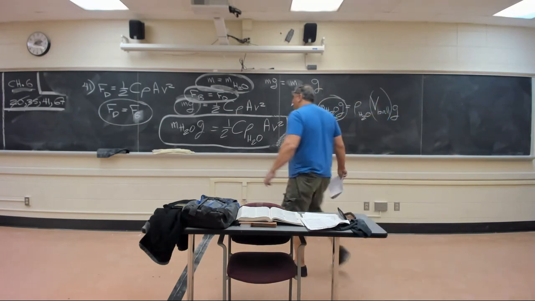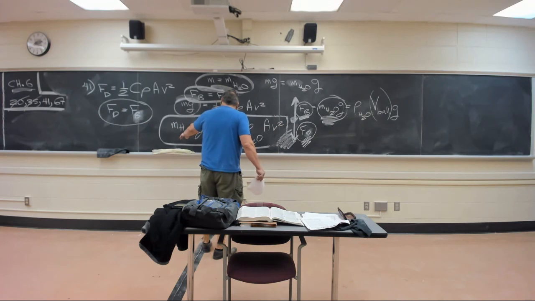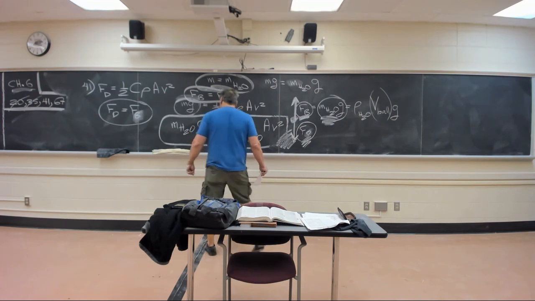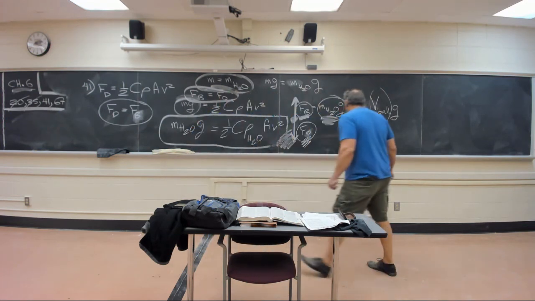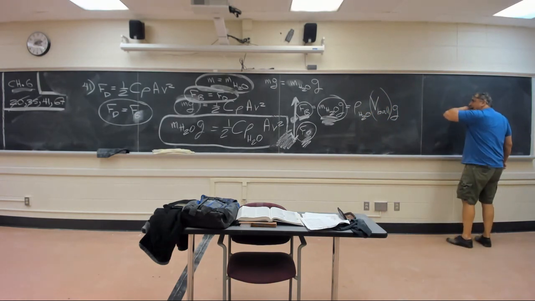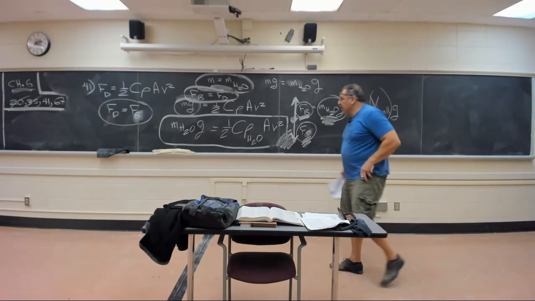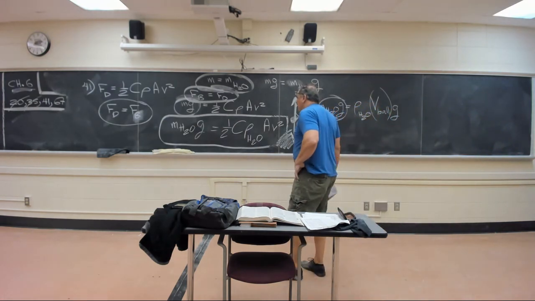This is rho times V of the beach ball, and I don't know. I'm going to keep going along these lines for some reason, guys. The weight of the water is the buoyant force. They are saying what is going on with this.